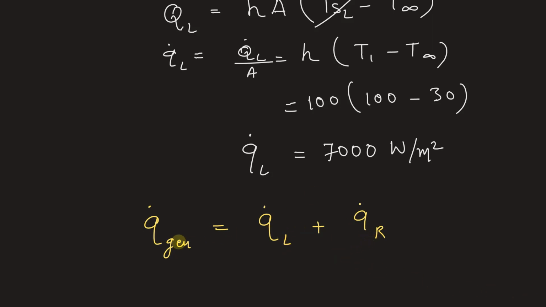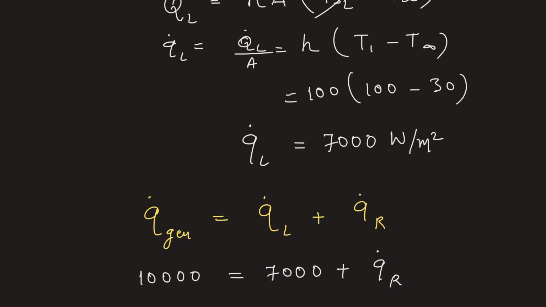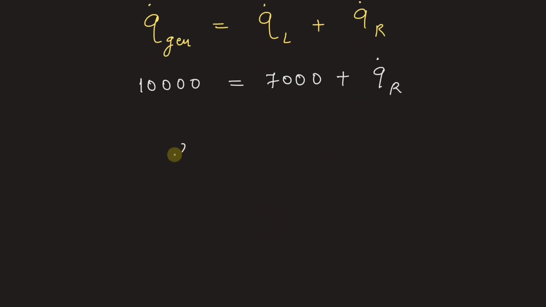Okay. Now the value of heat generated in the middle slab is given as 10,000, and in the left slab we just calculated the value is 7,000, plus heat flow in the right slab. So from here we can get the heat flow rate in the right surface is equal to 3000 watt per meter square.